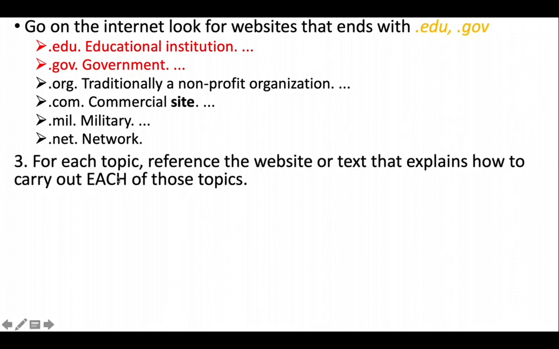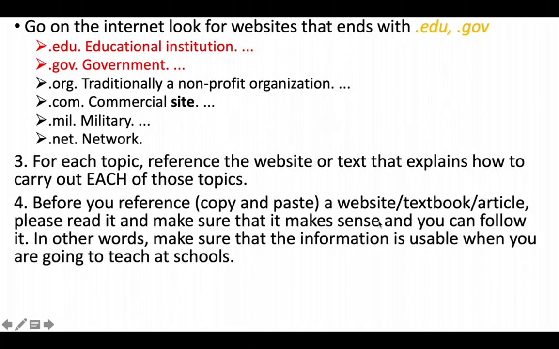Next, for each topic, reference the website or the textbook or article, whatever, that explains how to teach or carry out each of those topics. Before you copy and paste, read the website. You need to read and ensure that whatever is written there makes sense and you can follow it, and it can help you when you go into the classroom. In other words, make sure that the information is usable when you go and teach. I want you to already start preparing for that.